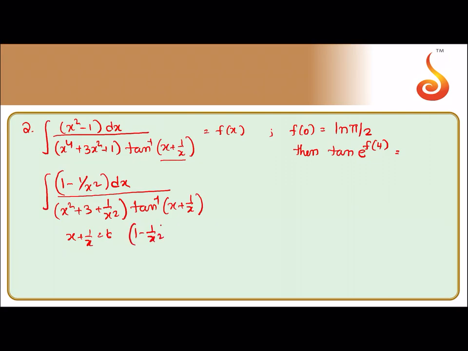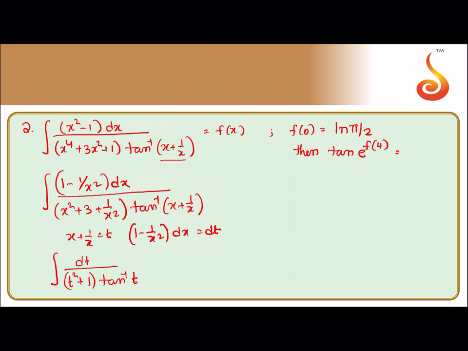Now we consider x plus 1 by x equal to t. So (1 minus 1 by x square) dx is equal to dt. So this becomes dt by (x square plus 3 plus 1 by x square), which can also be written as (x plus 1 by x) whole square plus 1.